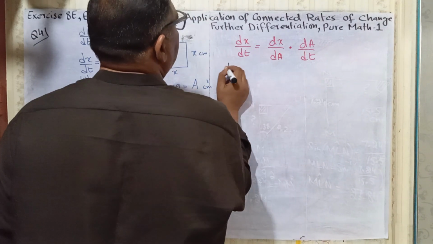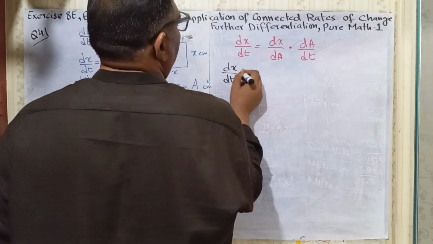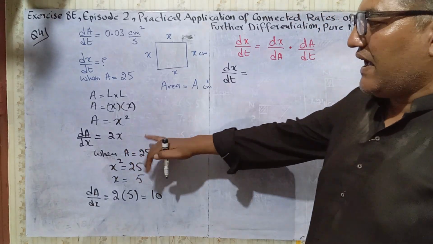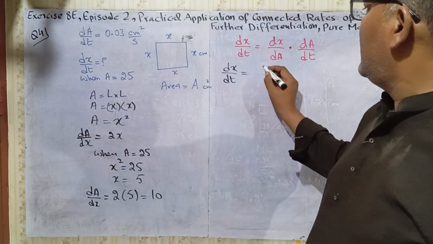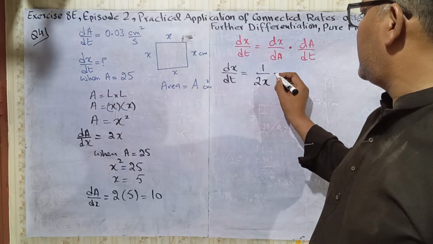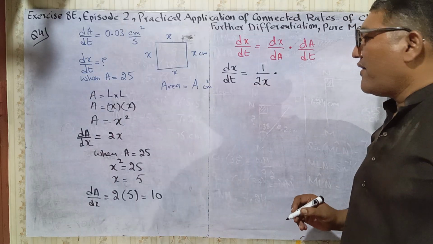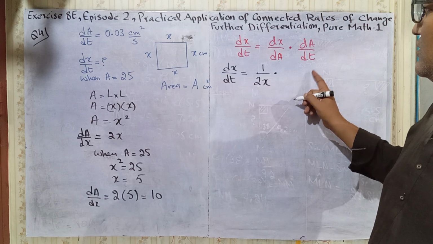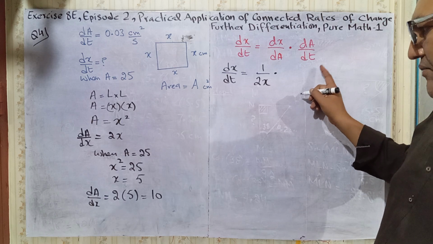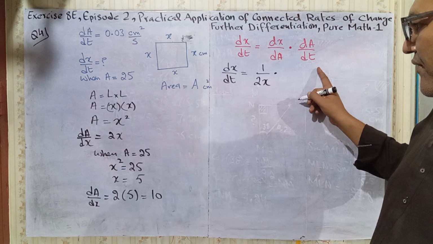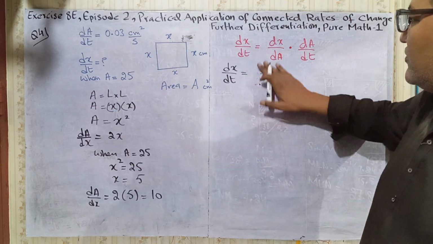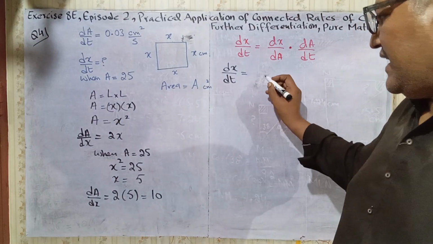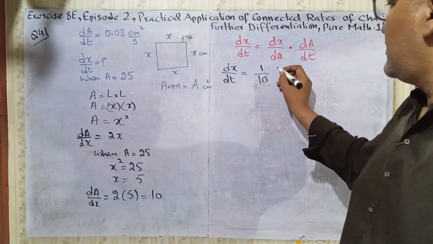This is dx by dt equals dx by dA times dA by dt. Since this is dA by dx, dx by dA will be 1 by 2x, which is 1 by 10.